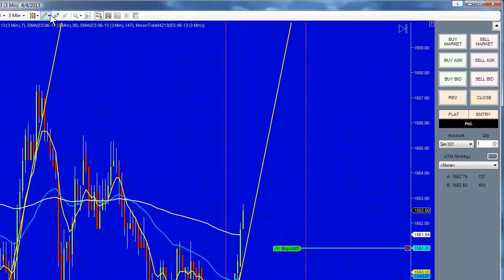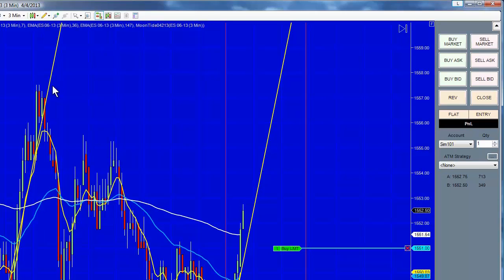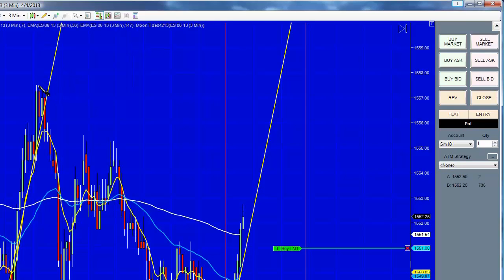If I just do a standard little line along the highs, I can see that I've broken the downtrend from the highs.